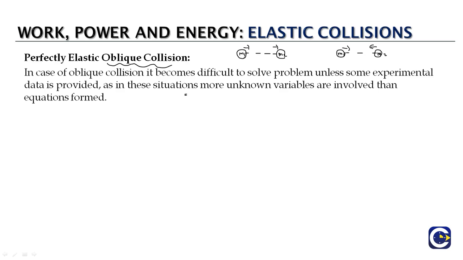Now oblique collision is where the particles may be moving in 2D space, or they may be moving in 3D, and they will undergo collision. Usually in the case of oblique collision, it becomes difficult to solve the problem for the simple reason that we'll have more unknown variables, and we would definitely require some more experimental data than just the equations to solve for the variables in an oblique elastic collision.